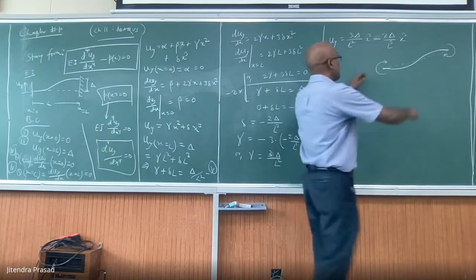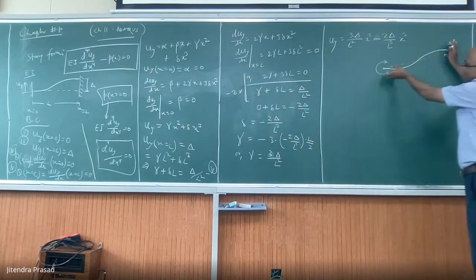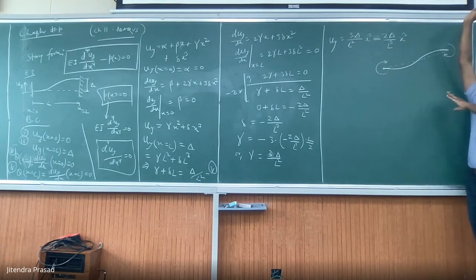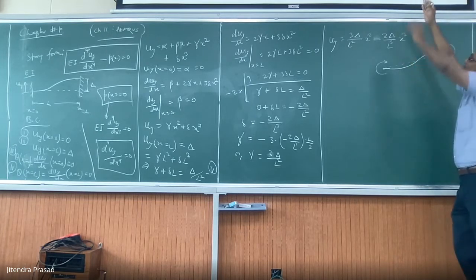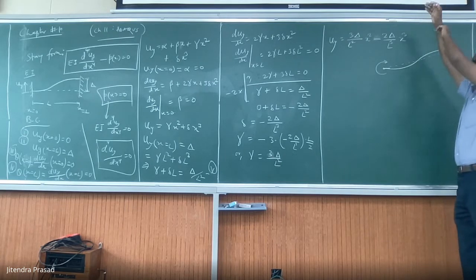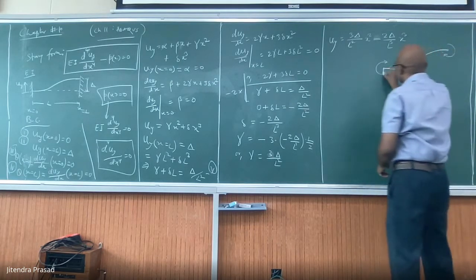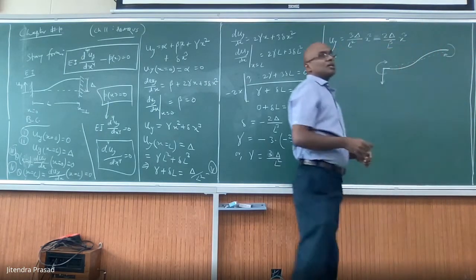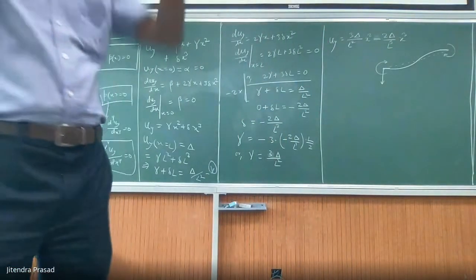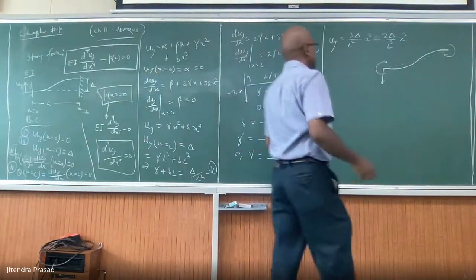Now, if you apply a moment like this, what happens? If you try to rotate, it goes up. Then, if it is going up, you want to bring it back, right? So you have to apply a force downward. So you can sense that it has to be like this.